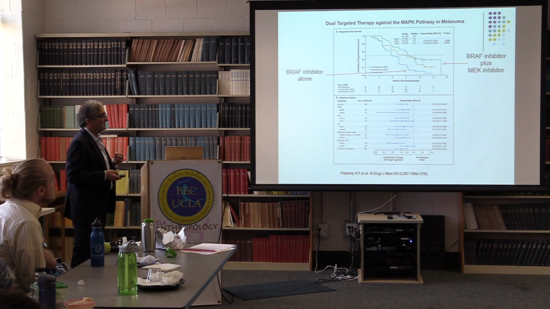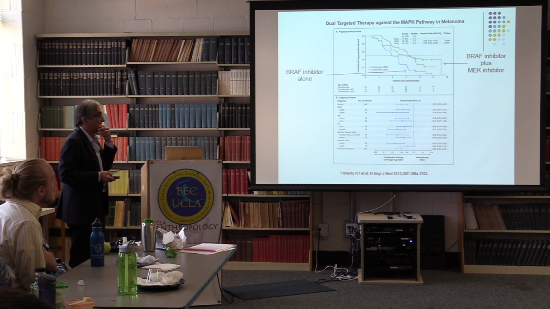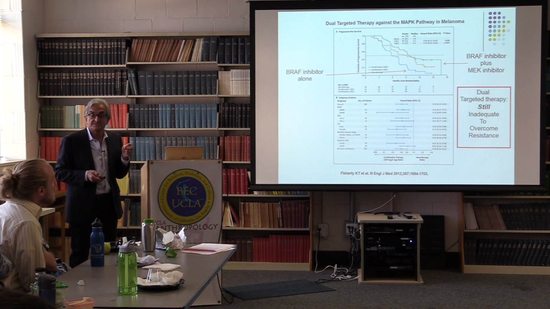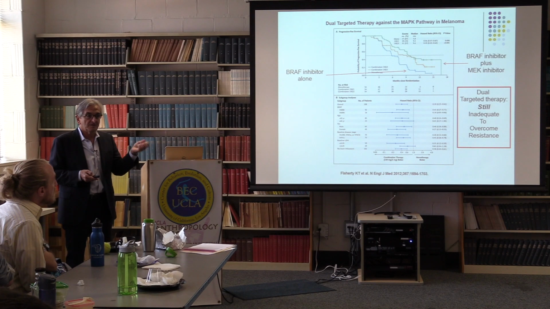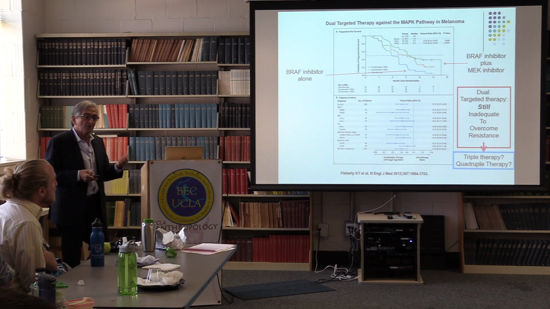That's with both of them. So you've definitely made progress. And this is now actually the standard of care along with immunotherapy for this cancer. But it's still inadequate to overcome resistance. So how many targeted therapies do we actually have to throw at this patient to conquer the adaptive capacity of the cancer cell population? Triple, quadruple?